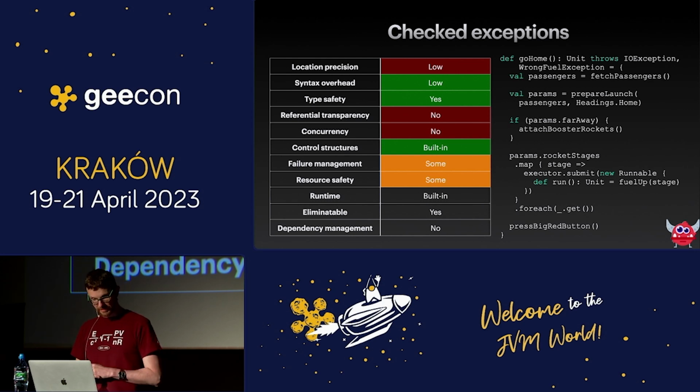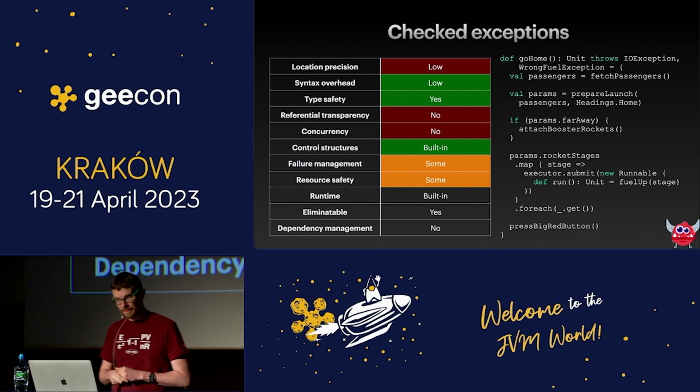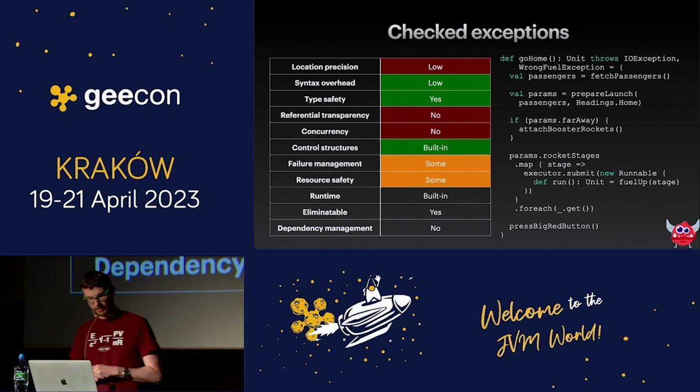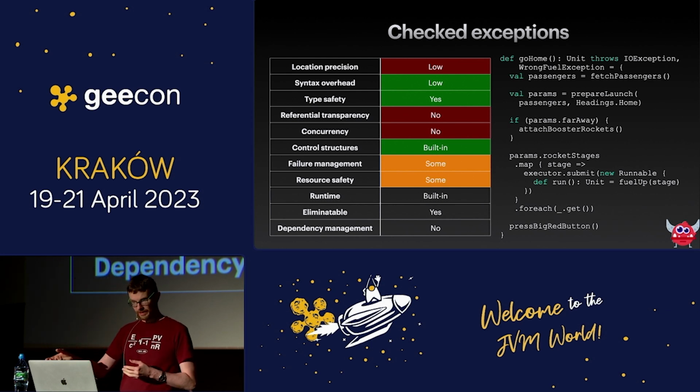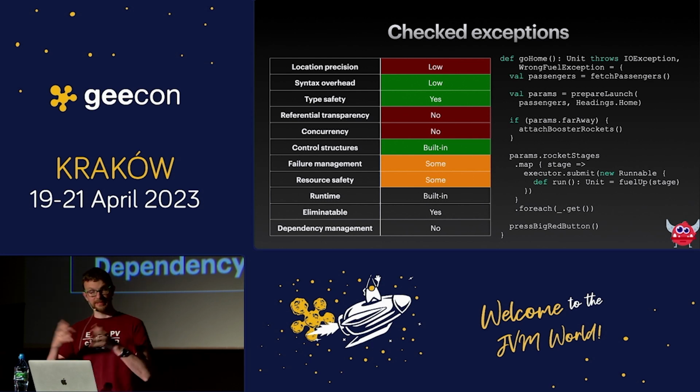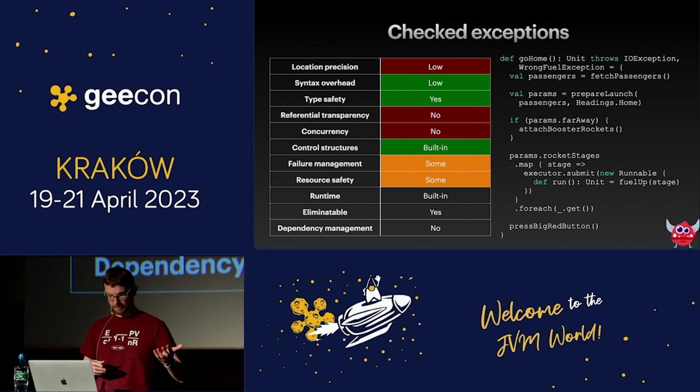And let's see what the method does. So first of all, we fetch the passengers list, probably from a database or something like that. Then we prepare the launch parameters, right? So we give the list of passengers and the heading, and we get some parameters. And then if the parameters have calculated that our goal is far away, we attach some booster rockets.